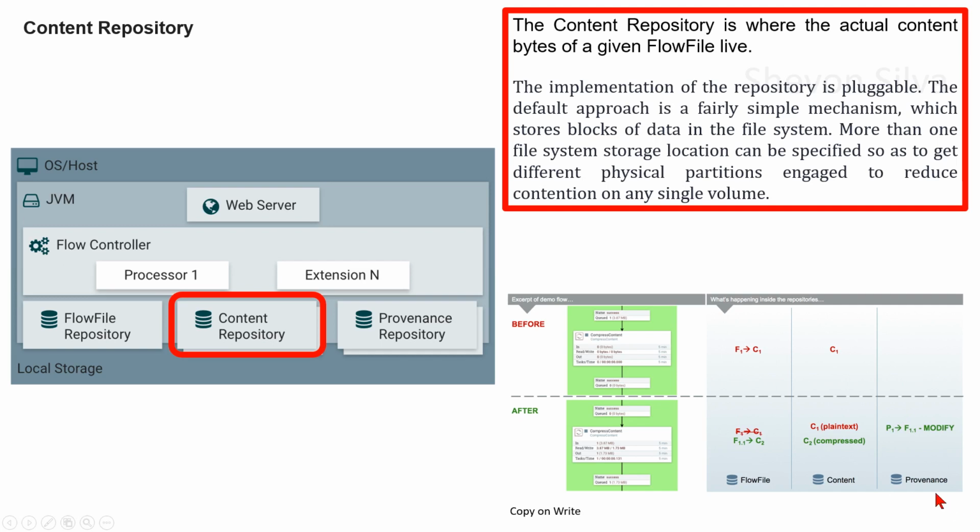Previous provenance events still have the pointer to the content C1 and contain all attributes, but they are not the most up-to-date version of the flow file.